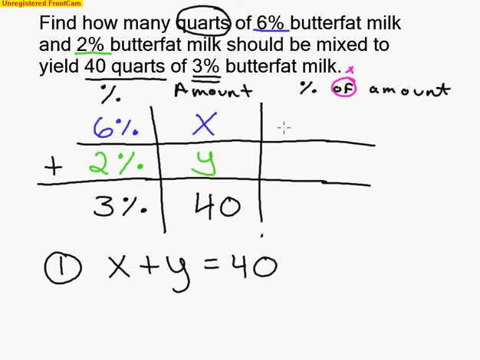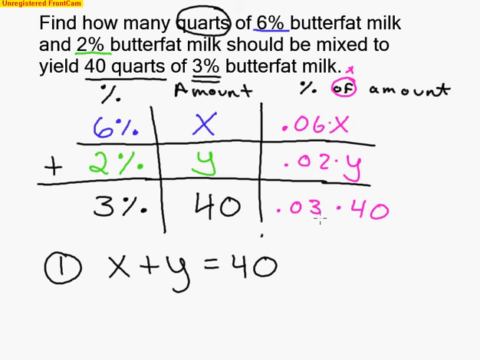So we're taking 6% of x, so 0.06 times x. We're taking 2% of y, 0.02 times y. And then last but not least, we're taking 3% of 40, and 3% of 40 is 1.2.